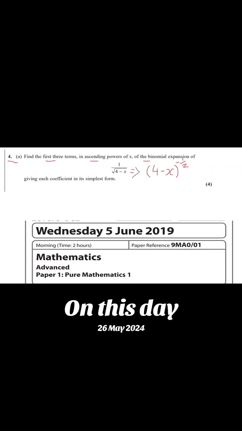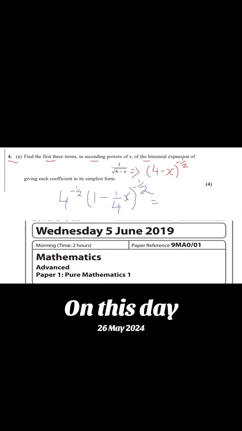I'm now going to factorize out a 4 to the minus half. So 4 to the minus half, brackets 1 plus a quarter x to the power of minus a half. The reason is that whenever we do binomial expansion, at A-level or any level across the world, it has to be in the form 1 plus or minus ax to the power of n, where a and n can be any number.